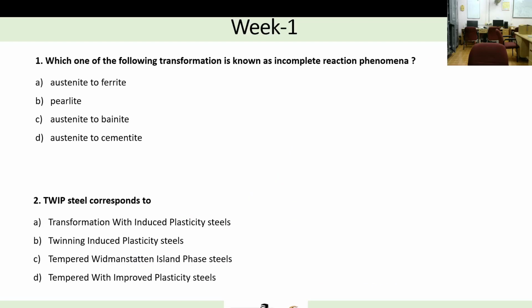So the first question you can see here: which of the following transformations is known as an incomplete reaction phenomenon? I request you to type your answer in the chat box and then I can see. And if I ask somebody to give justification, then he can unmute and give the justification.